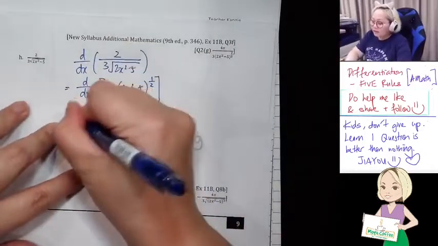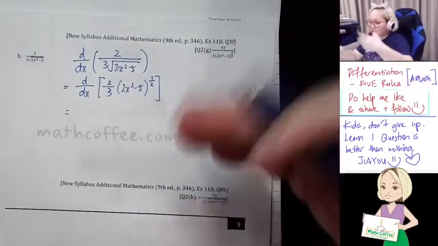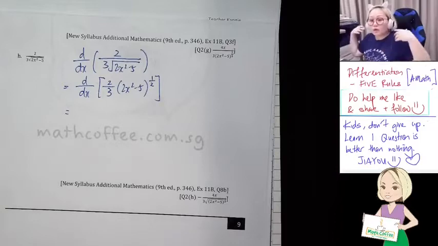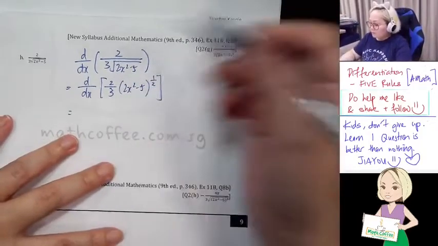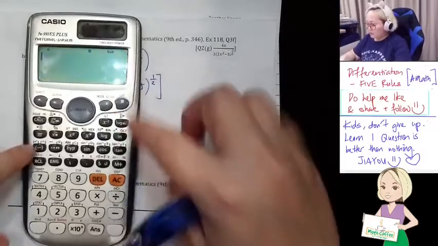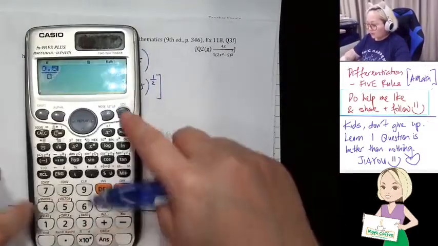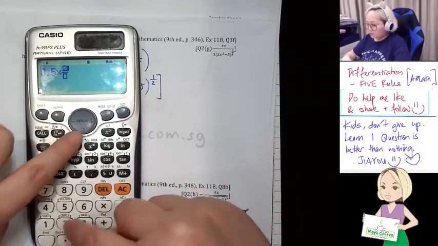So you see by now, you're already like by heart, so easy. Just always power bring down, power bring down. So you just need to master changing to index notation. So half times 2/3, 2/2 already, press calculator. Half times 2/3.